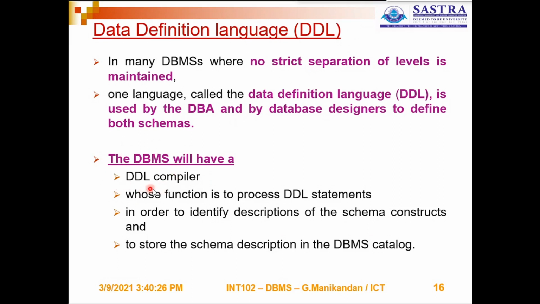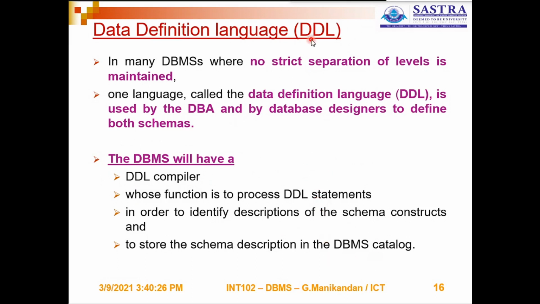The function of this DDL compiler is to process the DDL statements. By processing, it identifies the description related to the appropriate schema specs and stores the related information in the DBMS catalog.